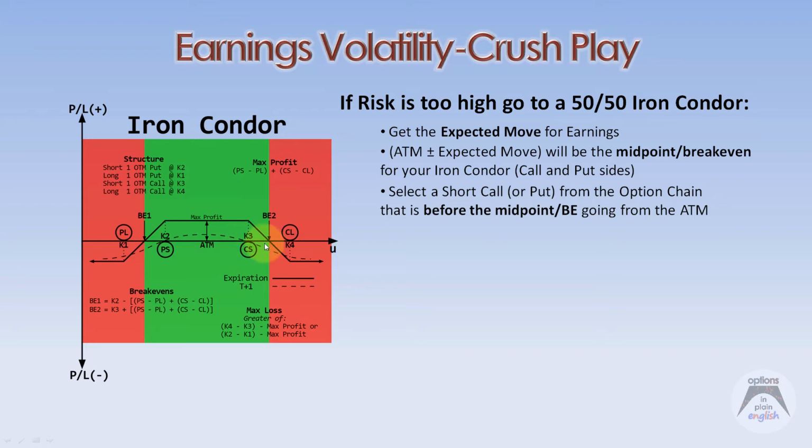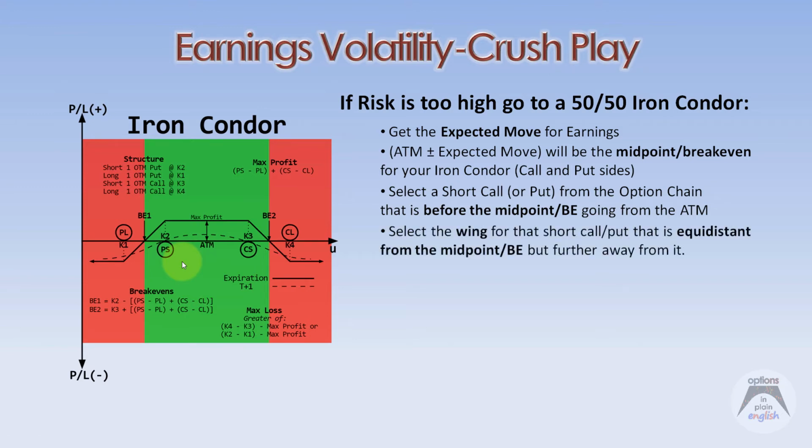You're going to go to the break even, which is the expected move, go a little bit lower or a little bit higher in the case of a put, and then we're going to build the spread on that side, and if that matches what you want to risk on that trade, then we're going to go ahead and just build it by mirroring everything.